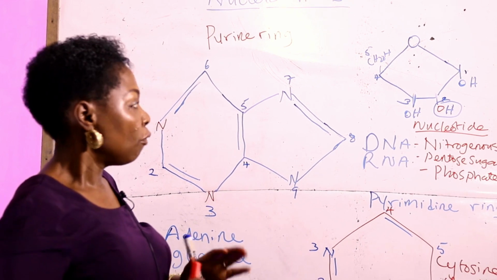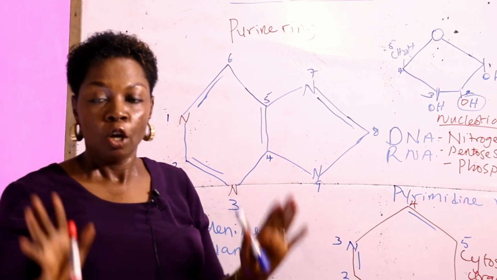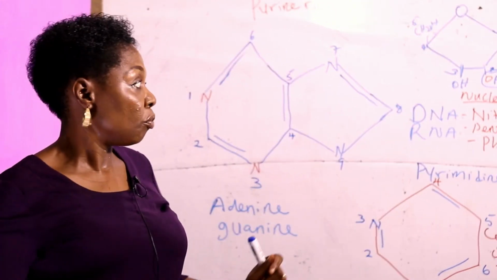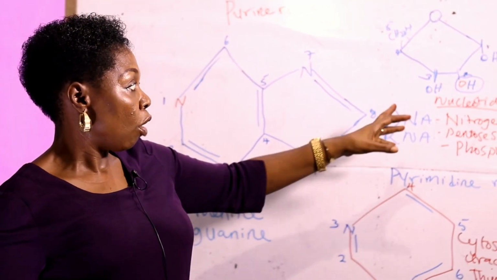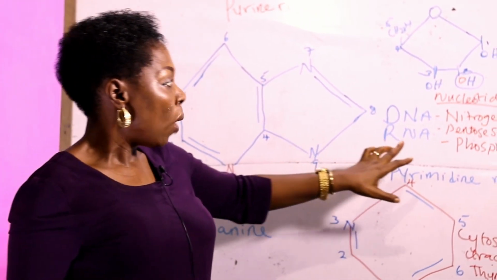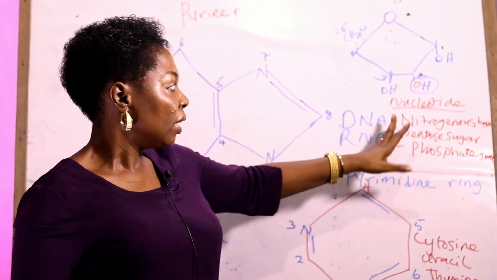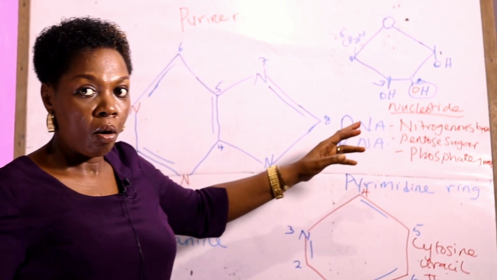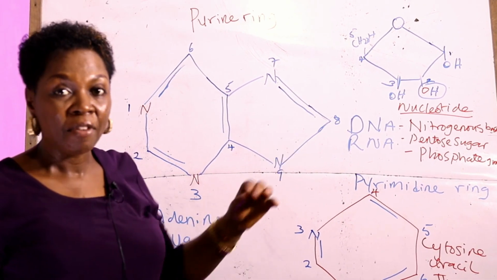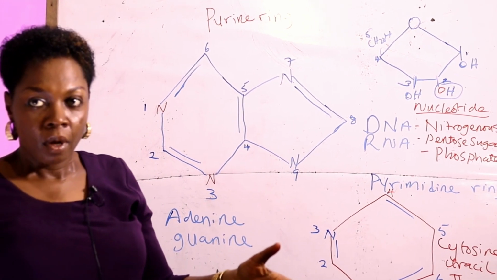So that is it for the introductory section of this class. We've understood the components of the purine and the pyrimidine ring, and we've seen the components of the nucleotide. Now note, when you have the nitrogenous base in combination with the pentose sugar, you have a nucleoside.